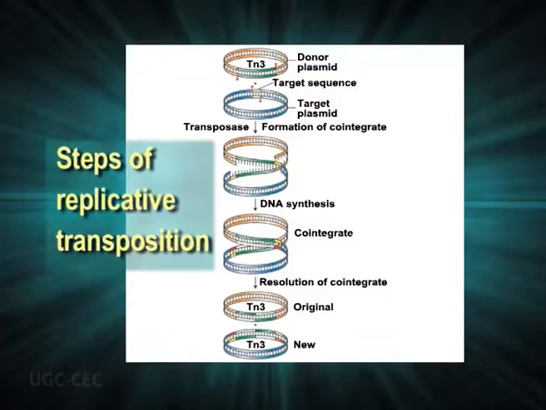The second, which is the widely acknowledged method, is replicative transposition. The name tells you that the amount of DNA is duplicated, which leads to an increase in the copy number of the transposons present. What happens in this mechanism is that first the donor and the target plasmids or DNA come near each other.